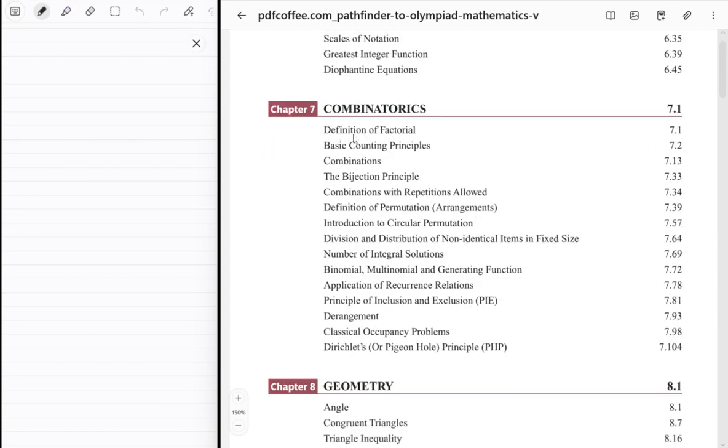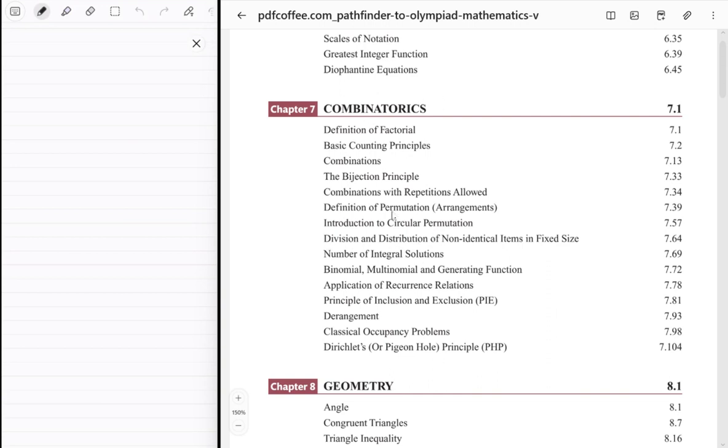Combinatorics: factorial, principles of counting, combinations, bijection principle. So interesting. Maybe we'll come in contact with more bijections. I already know one of them, the stars and bars theorem, where you have to choose, like you have to divide a set into 3 or 4 sets or whatever.